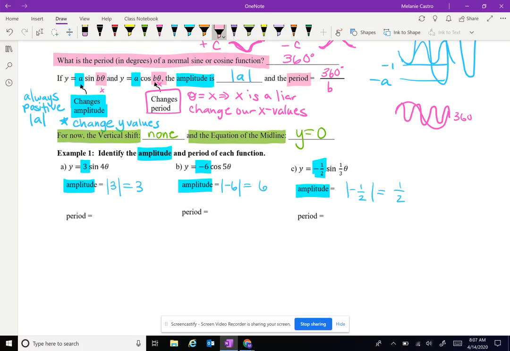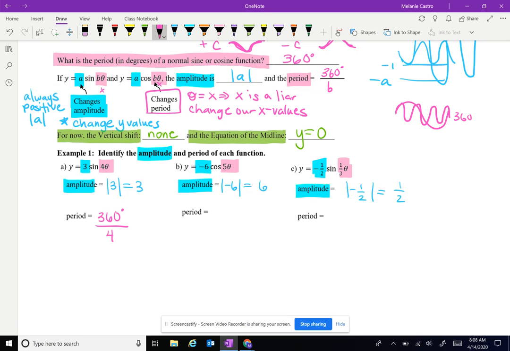For the period changes, this is where it might be a little bit tricky because we have to do the opposite. X is a liar. So right now it says 4 times X, or 4 times theta. We're going to do the opposite. And if we know what our period should be, 360, when it says multiply, we're actually going to divide.